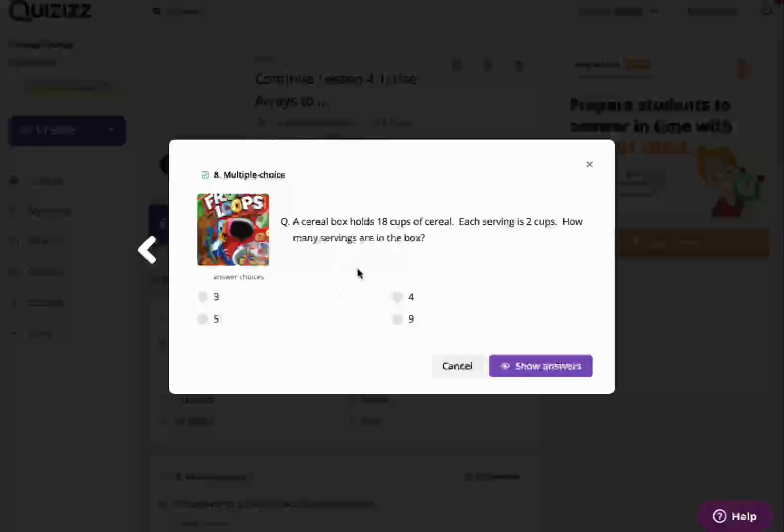A cereal box holds 18 cups of cereal. Each serving is 2 cups. How many servings are in the box? Okay, so we should divide the 18 by 2. And 18 divided by 2 equals 9.